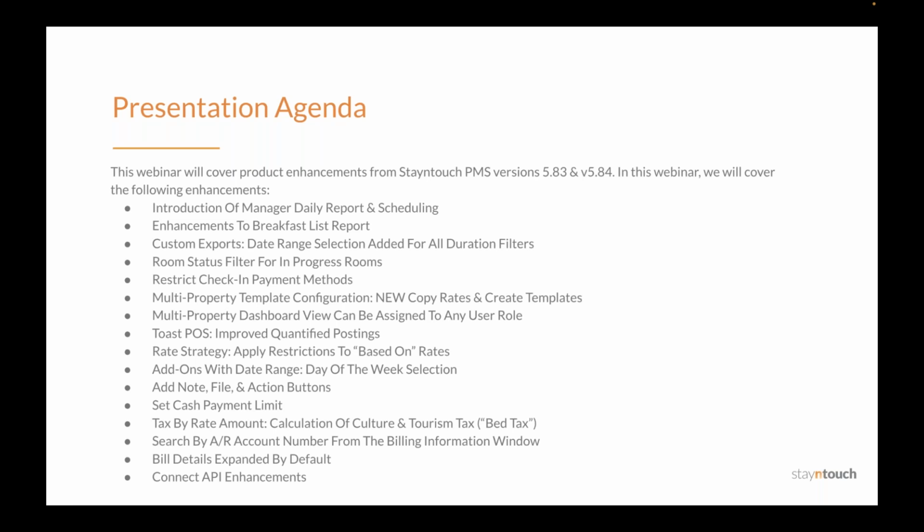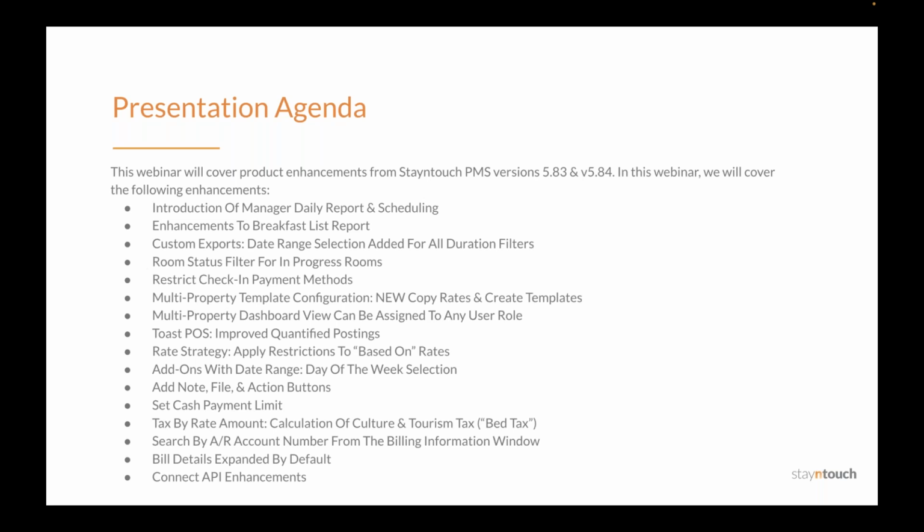Another multi-property dashboard enhancement is you can now assign the view dashboard to any user role. And then we have some enhancements to Toast POS, which are improved quantified postings. With rate strategy, you can now apply restrictions based on rates.